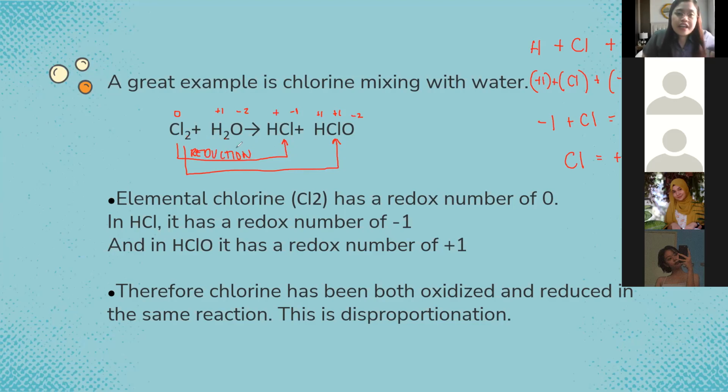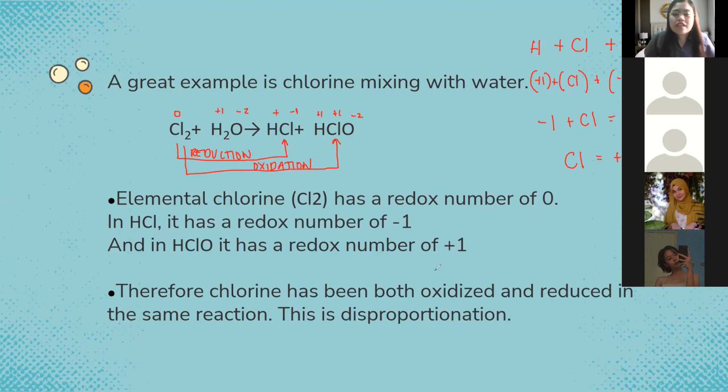Now another chlorine becomes positive 1. In the part of the hypochlorous acid, naging positive 1 siya. So, tumaas ang kanyang oxidation state, which means this chlorine is being oxidized.